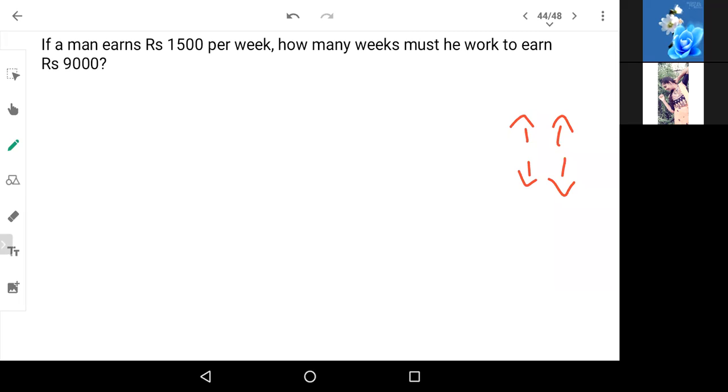Check your notes. Turn back the pages. Which type of proportion is this? Is it a direct proportion or an indirect proportion? Indirect?